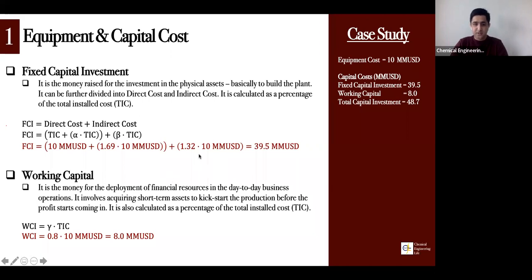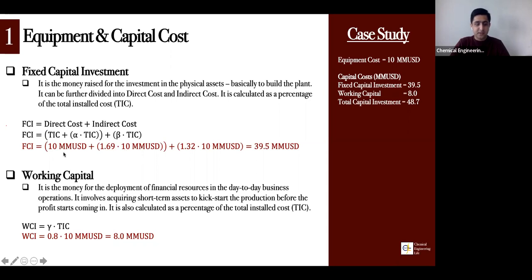The indirect cost does not cover equipment, so there you don't have to add your equipment cost, you only multiply the factor with the equipment cost. This is something where a lot of people make mistakes, forgetting to add the equipment cost within the direct cost, thinking that it's covered, but it's not. It's very important that you add them together.